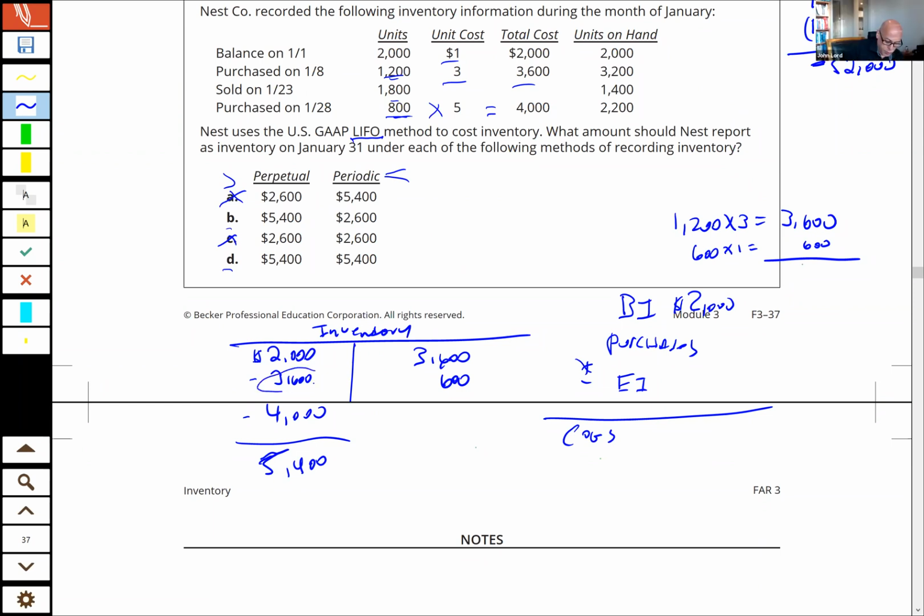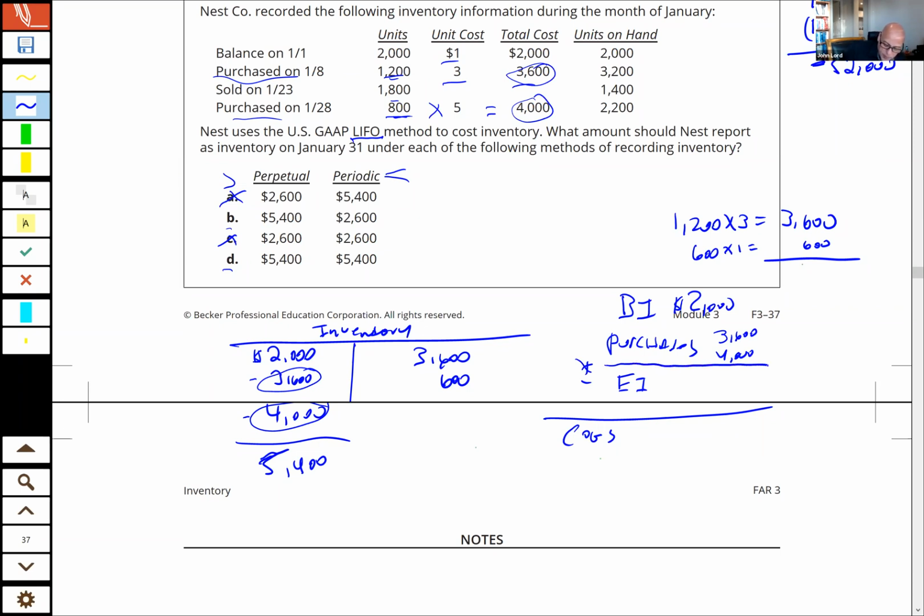Okay, my purchases were 3,600 and 4,000, right? Yes. I was giving units, sorry. Yeah, 3,600 and 4,000. So 3,600, I'll write it in detail there, 3,600 plus 4,000 are my purchases.